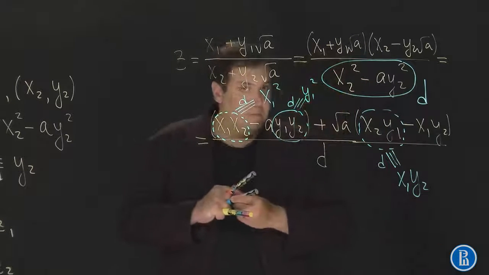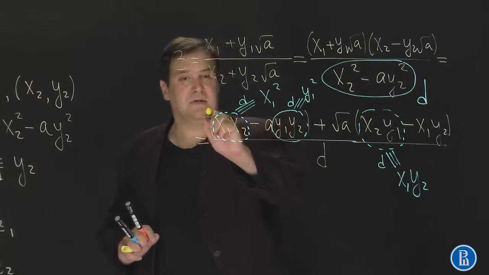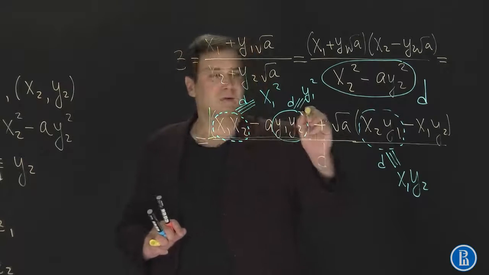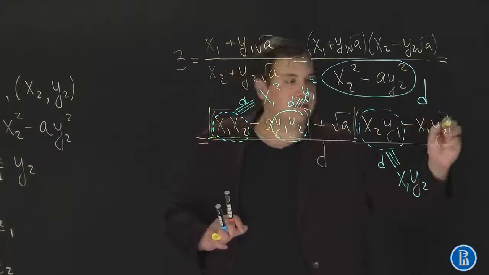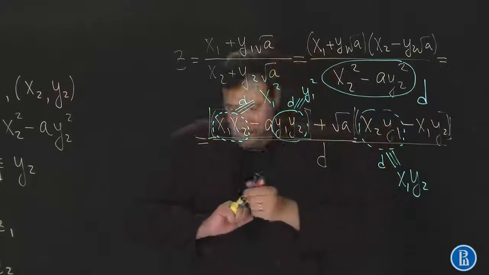So what do we see? We see that both summands in the numerator, both of these brackets, are divisible by d.